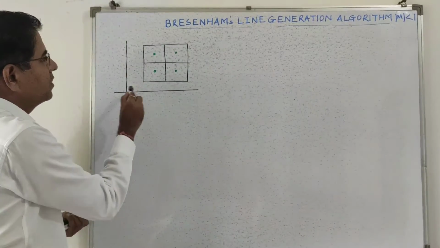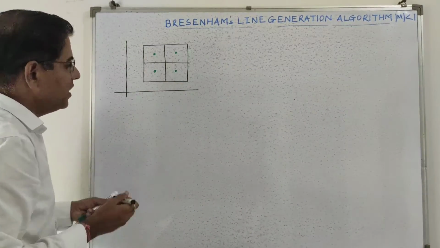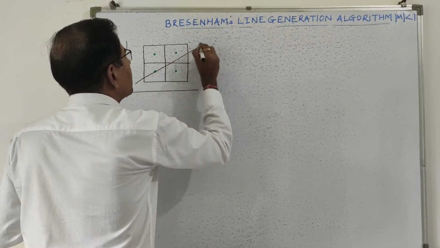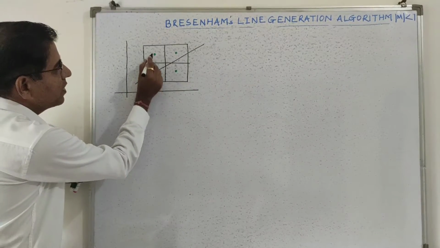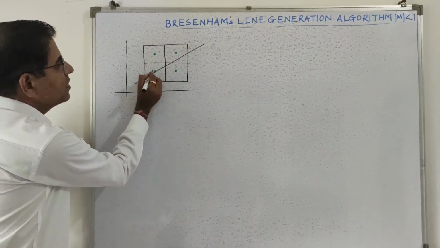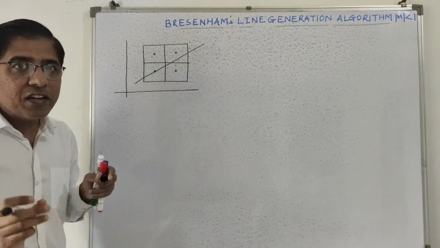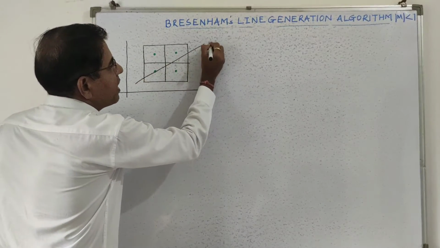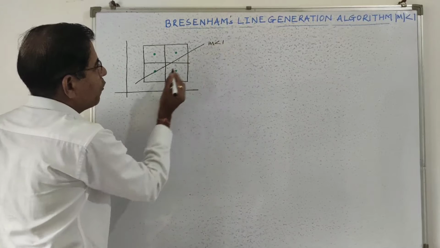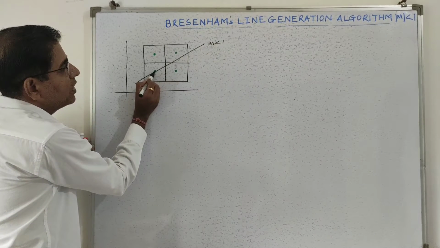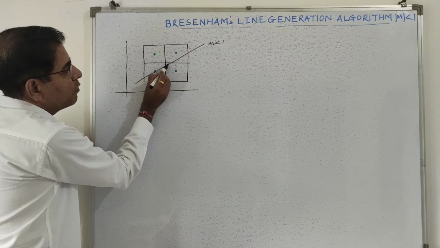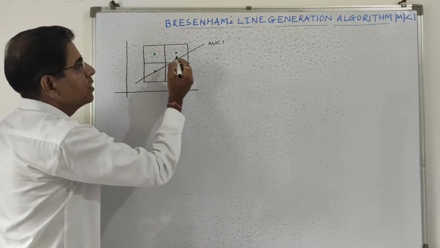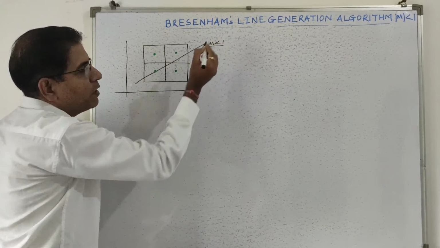Now this is a raster screen. This is a line. These are the 4 adjacent pixels. This green dot represents the center point of the pixel. I have drawn a line which is having slope less than 1. Obviously, the line which is having slope less than 1 will pass in between these two vertical points, because then only the slope of the line will be less than 1.